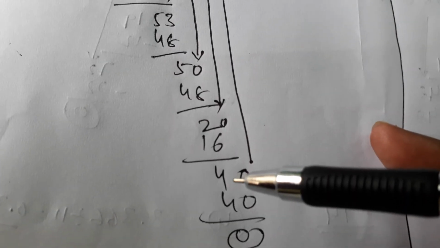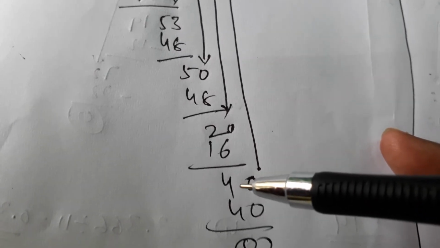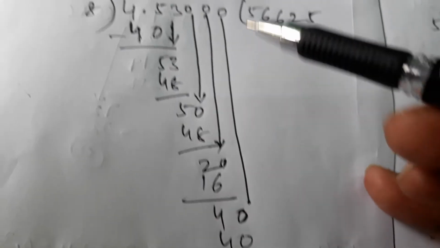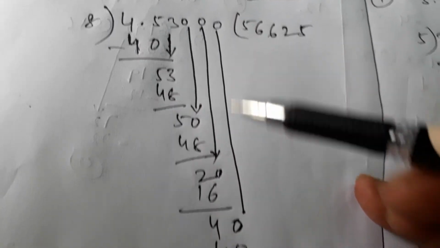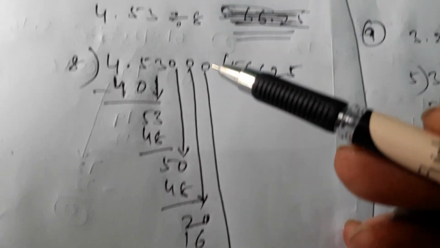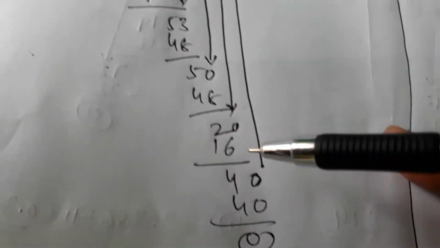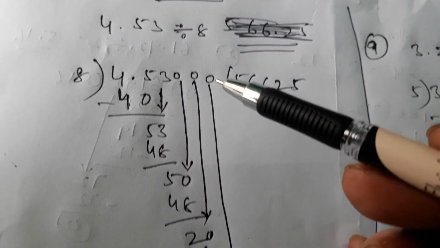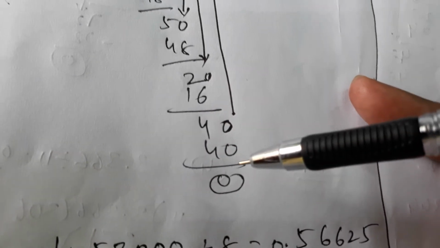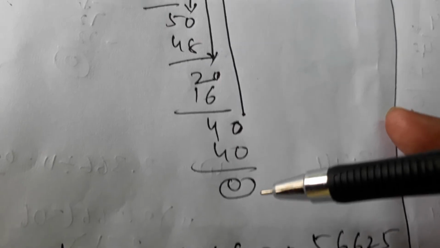4 remainder, so you are not getting remainder 0. So you take one more 0. Here there is no decimal digit, so you write the 0 here and take it down. Now 8 fives are 40. Now you finally got remainder 0.